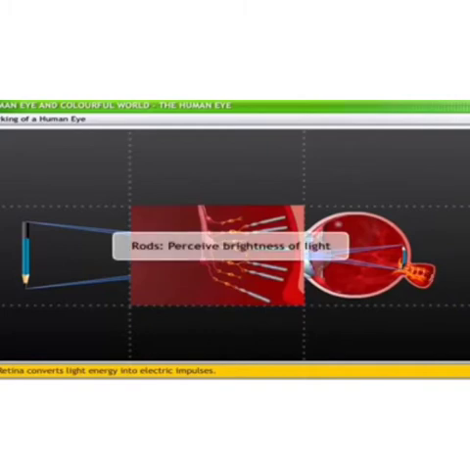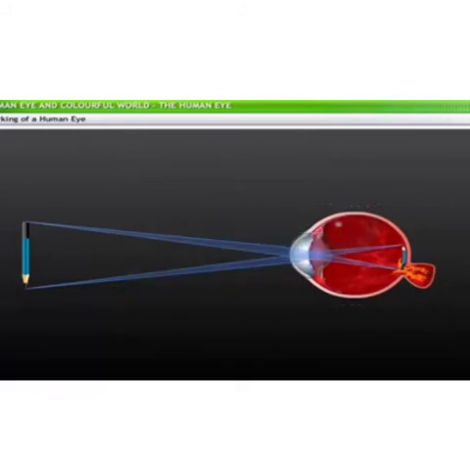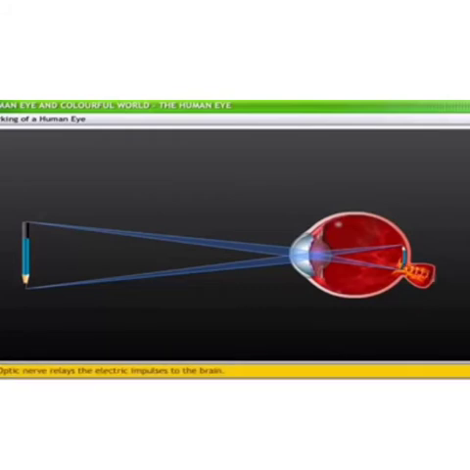The rod cells are responsible for the perception of the brightness of light, and the cone cells for the perception of color. The electric impulses from the retina are relayed to the brain by the optic nerve. These impulses indicate the brightness and color of the image to the brain.